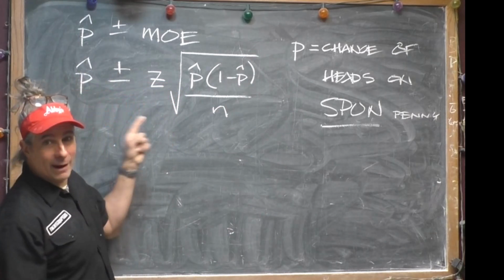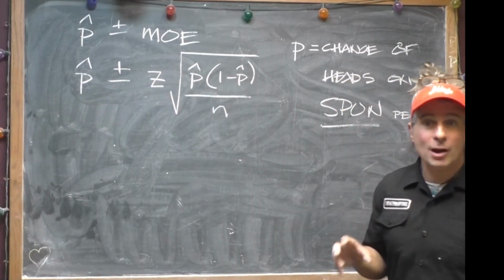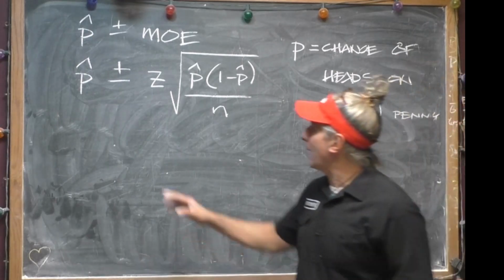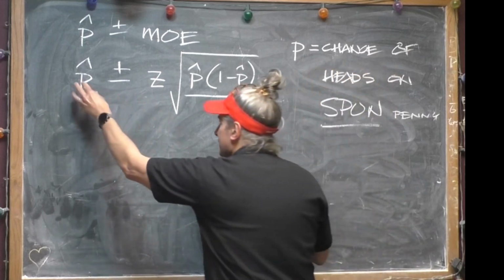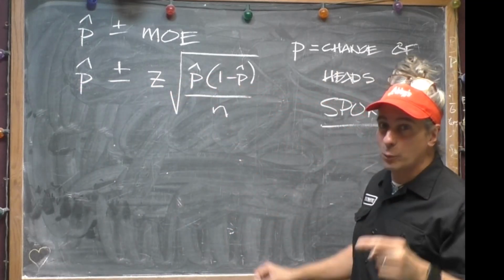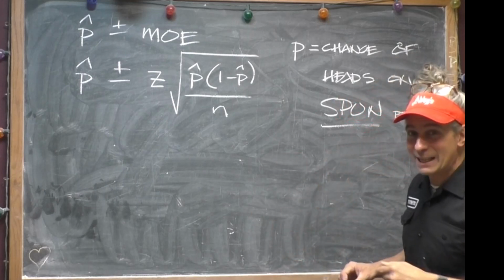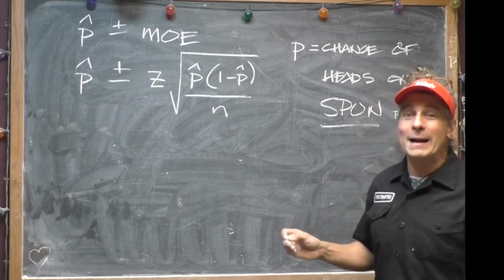That, my dear friends, is how you calculate a margin of error for a sample proportion. It's the plus or minus around the statistic. So you've got your statistic, and you've got that offness that we use to pad the statistic. So what we're going to do now for our sample of size 20 is plug numbers into this formula and see what numbers come out.